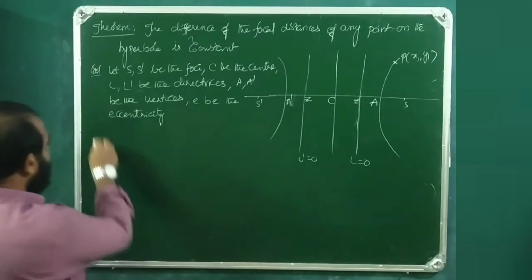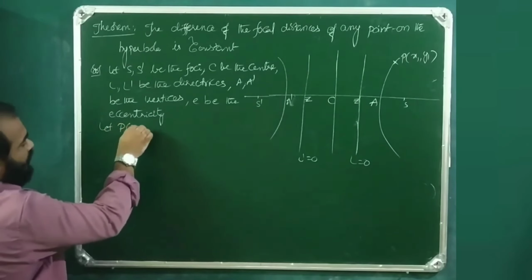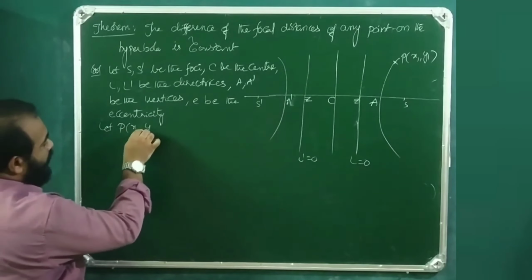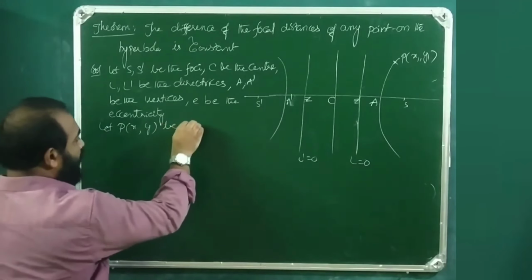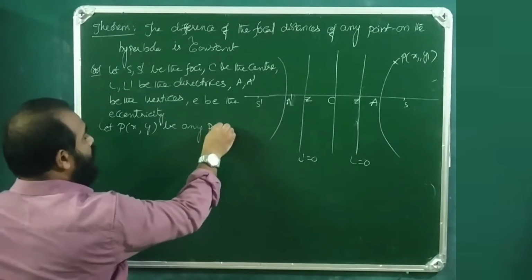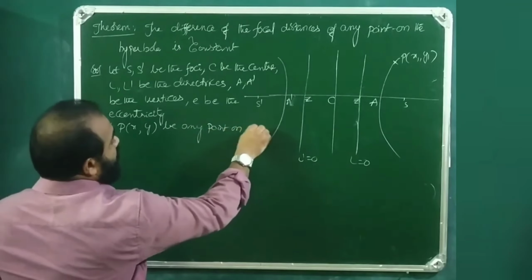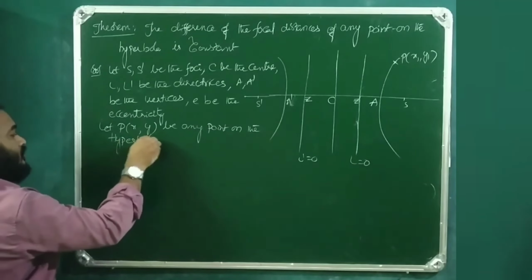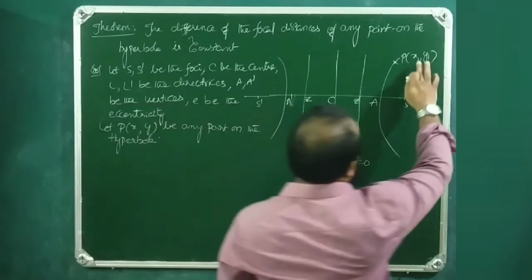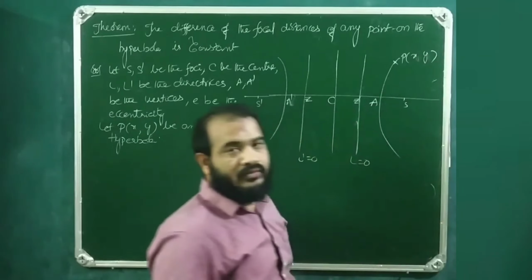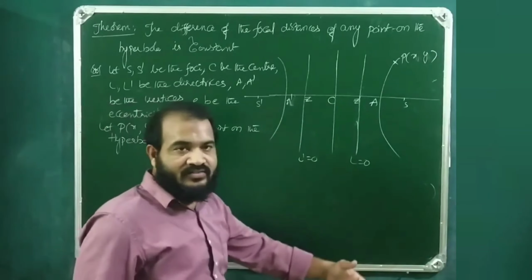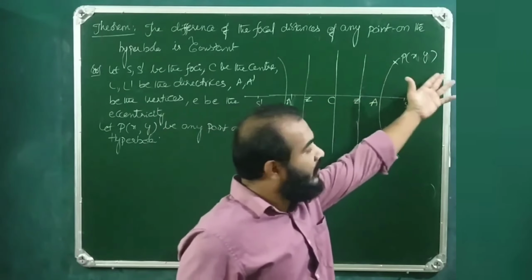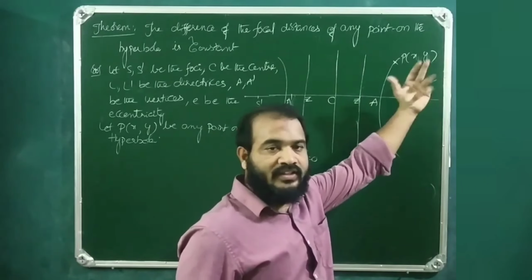Let P(x1, y1) or P(x, y) be any point on the hyperbola. I'll take x, y only, so I need not generalize the final equation with x1, y1.